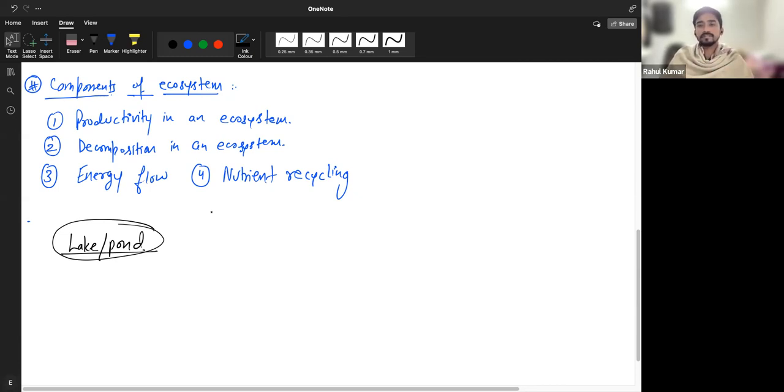Do they all do similar functions, or no? So you think that bacteria is as important as a fish or as an algae in an ecosystem? That's what I'm asking. If I built an ecosystem, where will I start with?